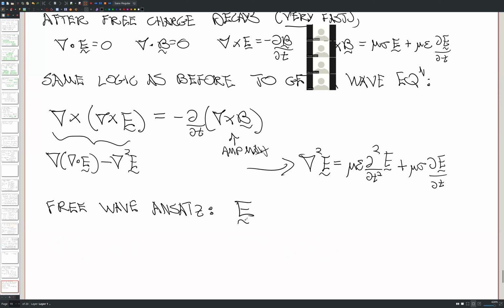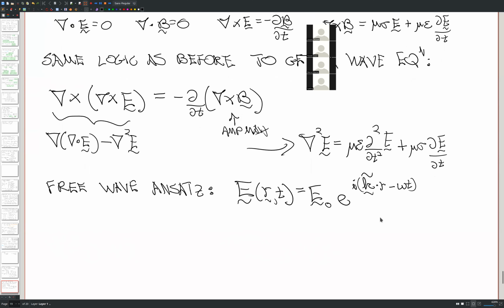I'm going to use E of r, t equal to some initial amplitude E0 with e to the i, and now we'll gloriously call it k twiddle, dot r minus omega t. If I substitute this ansatz in this equation here, you see I take two spatial derivatives, I take two time derivatives, but then I take one time derivative here.